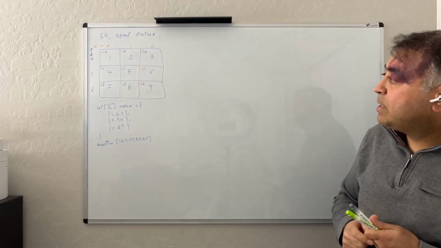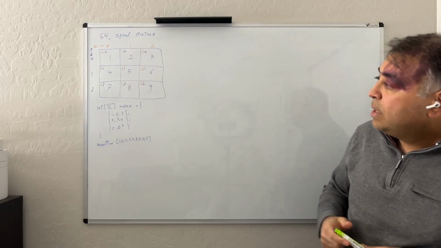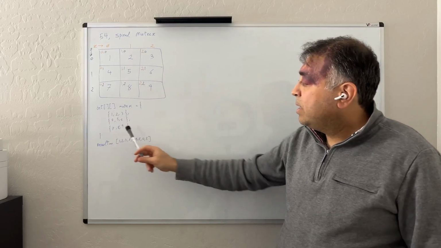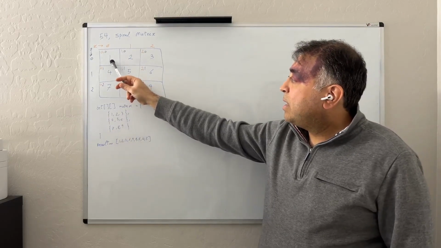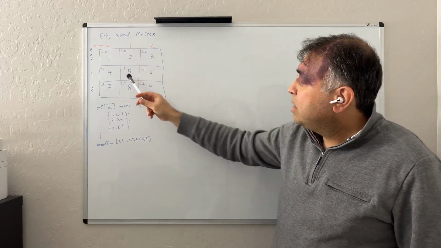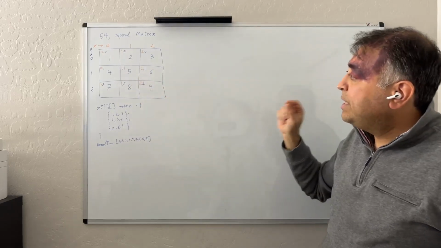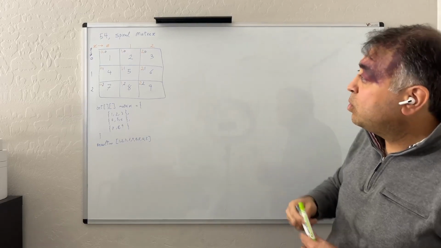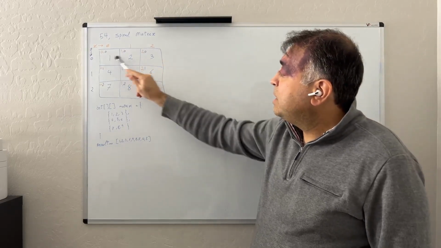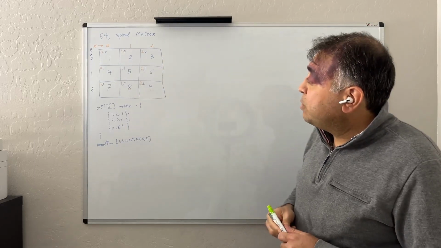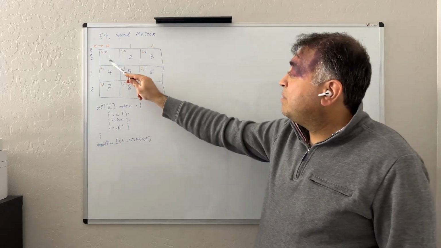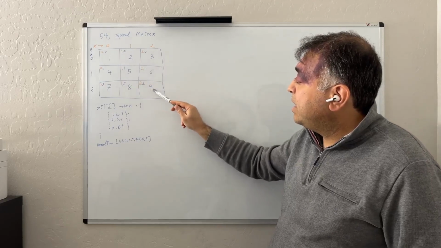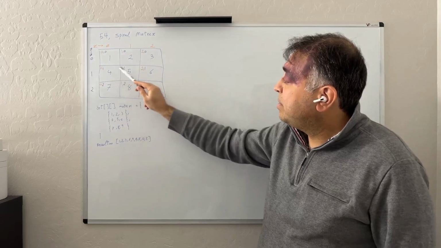So let's see what the problem wants us to solve. First, we have a two-dimension array, and the array looks like a matrix, and we want to visit each element in the matrix in a spiral way. For example, if this one is the matrix that we have, we want to visit the first element, second element, third element, then this element, this element, this element, this element, this element, this.